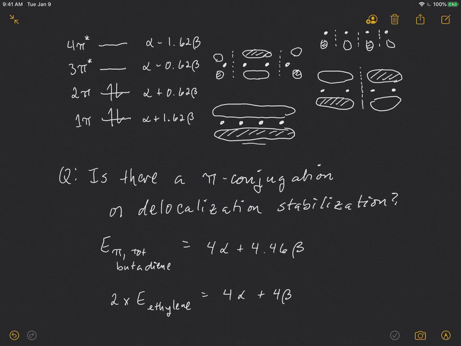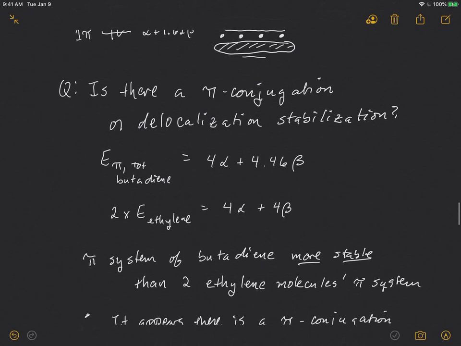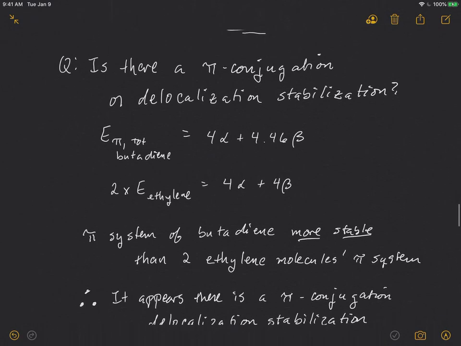Now, if we compare this to just two ethylene molecules side by side, but not linked, in this pi network, we would get 4 alpha plus 4 beta. So our butadiene has a lower overall energy than two ethylenes. So this pi system of butadiene is more stable than the analogous pair of ethylene molecules and their associated pi system.